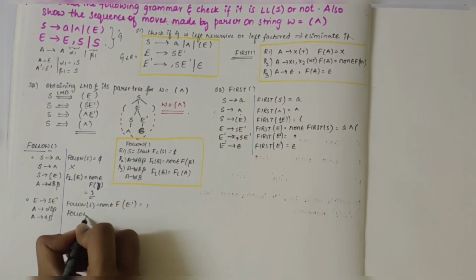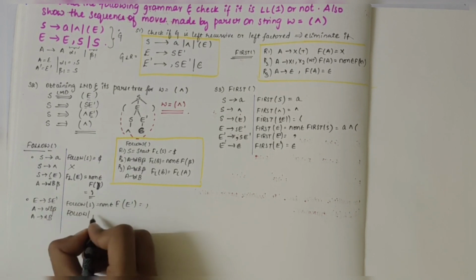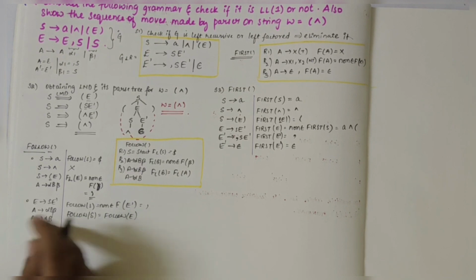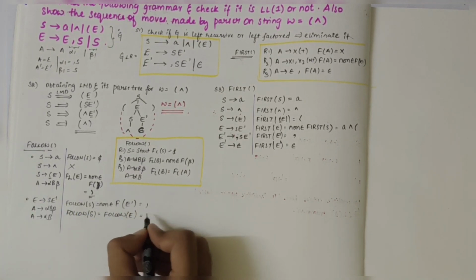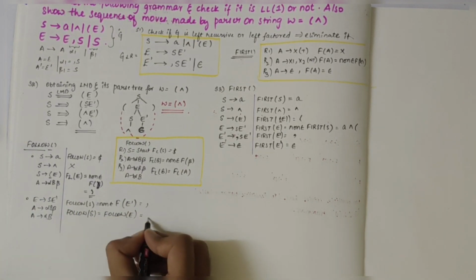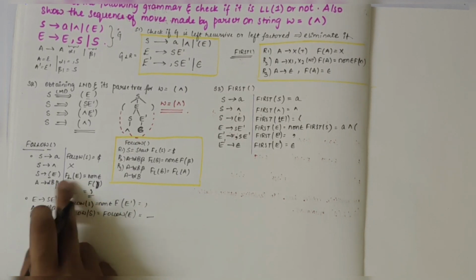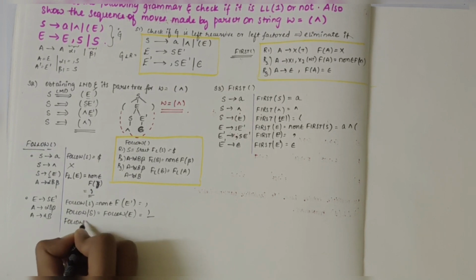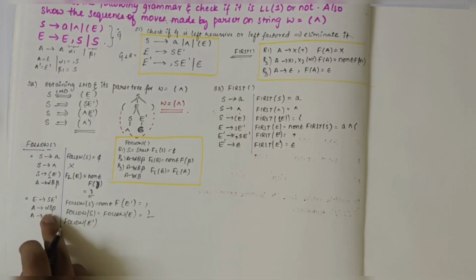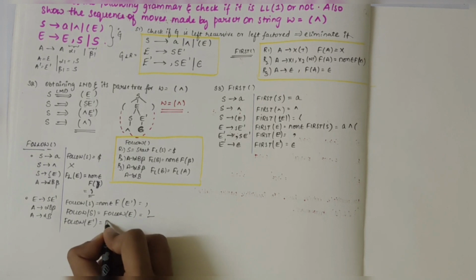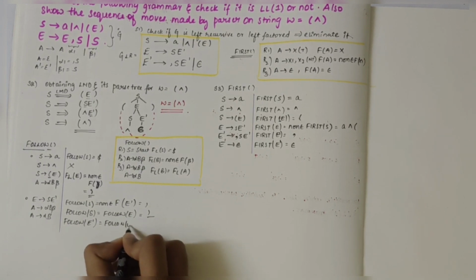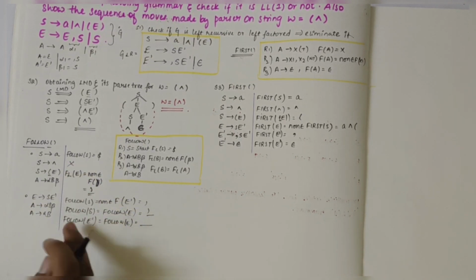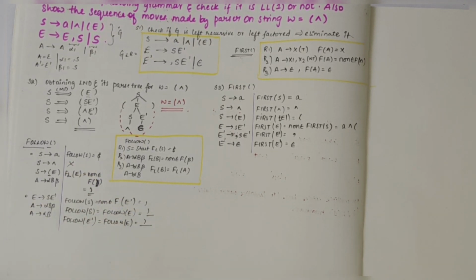Follow of B can be taken as S here, so you get follow of E, that is follow of A. Follow of E is unknown. Follow of E from here is, we know that it's open bracket, and on this side we can write follow of E dash, that is B, is equal to follow of E. Follow of E, we know that it is open bracket, so E dash is the same, open bracket only.